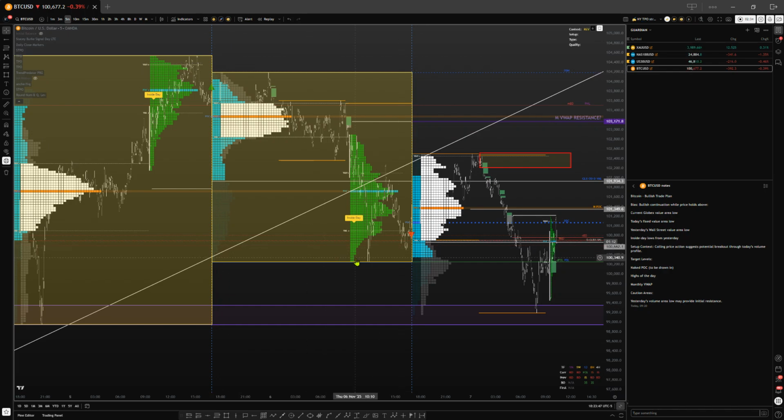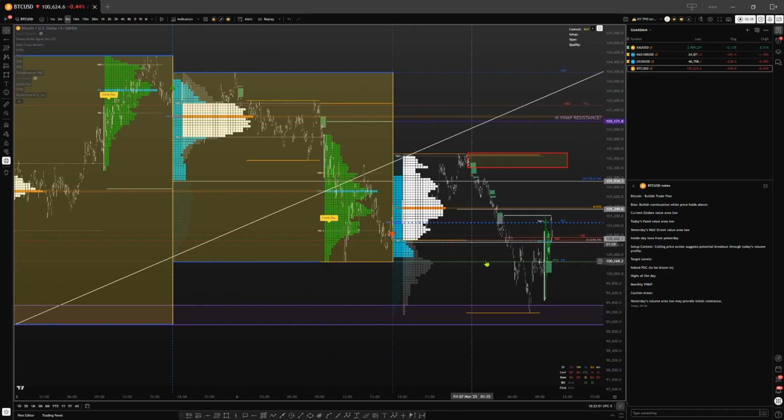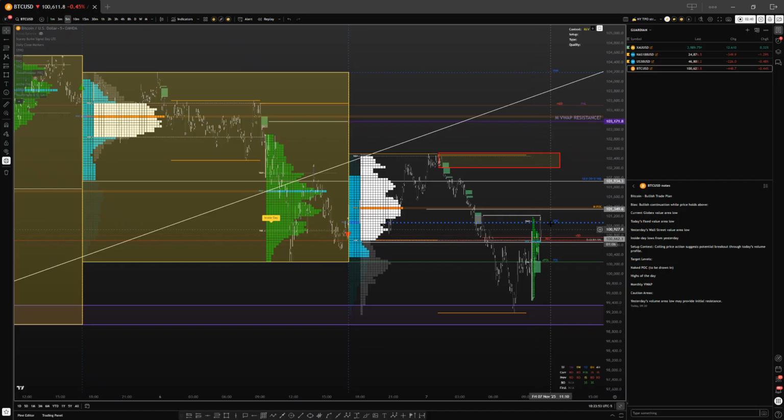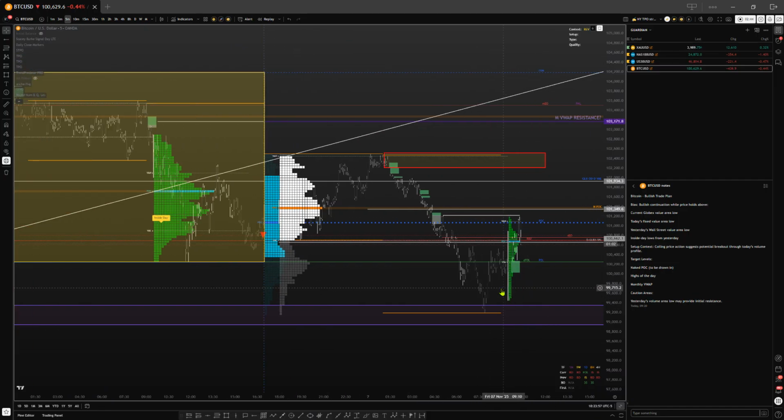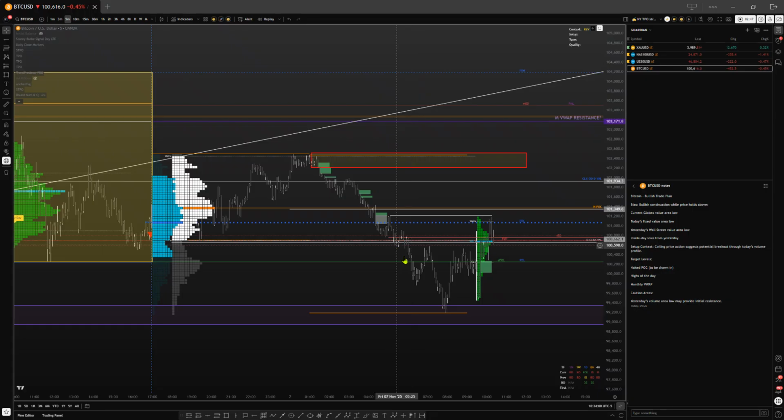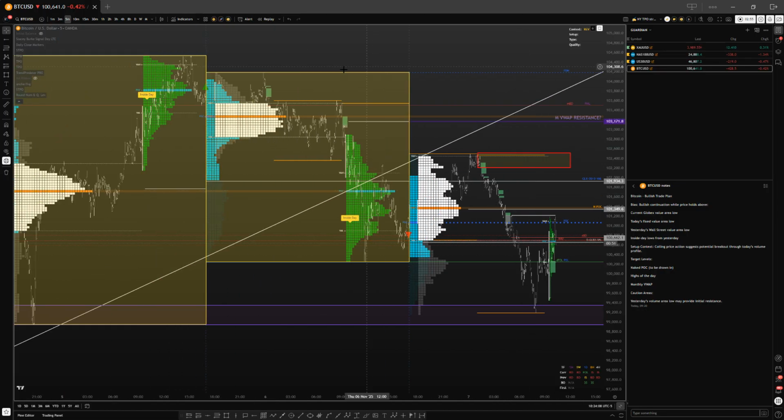So we've taken the lows of the inside day and come back inside of the inside day, having swept the lows in what looks like a nice reversal pattern. That can equate to a move back inside, potentially all the way to the other side of the range.